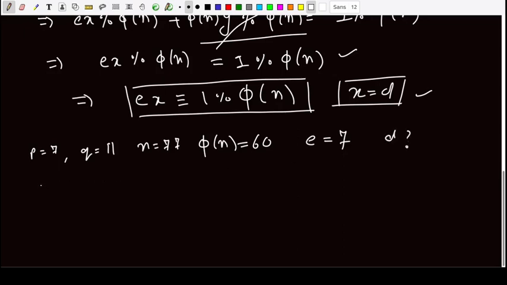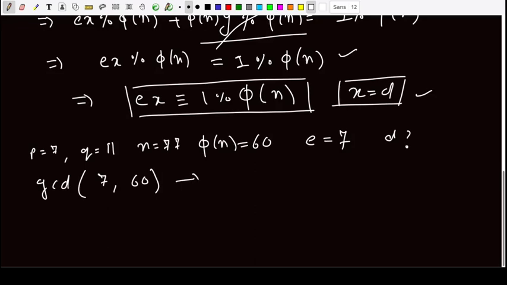So how do we use it? Basically what we want to find out is GCD of 60 and 7.